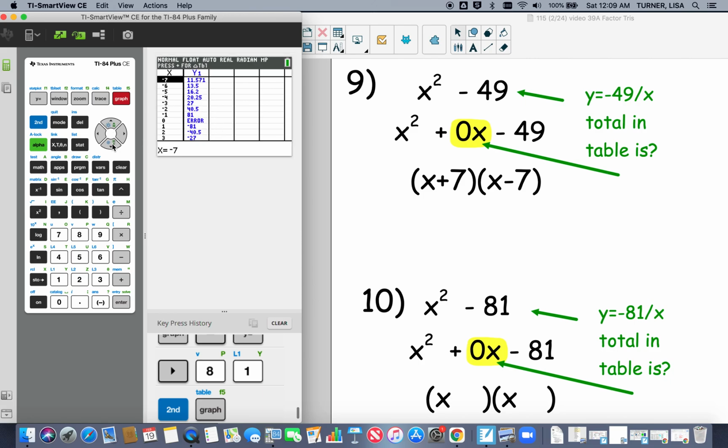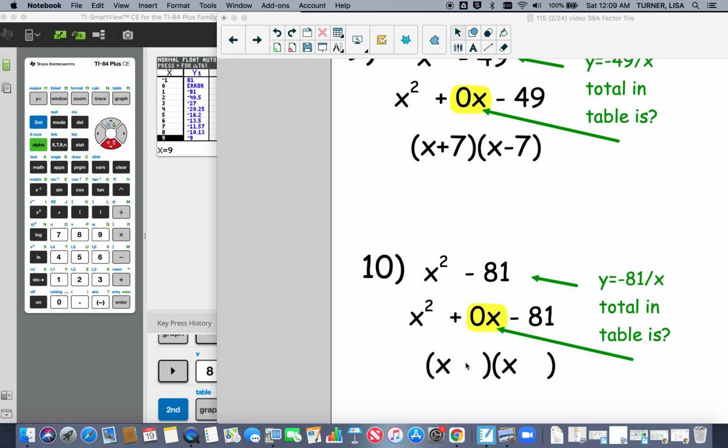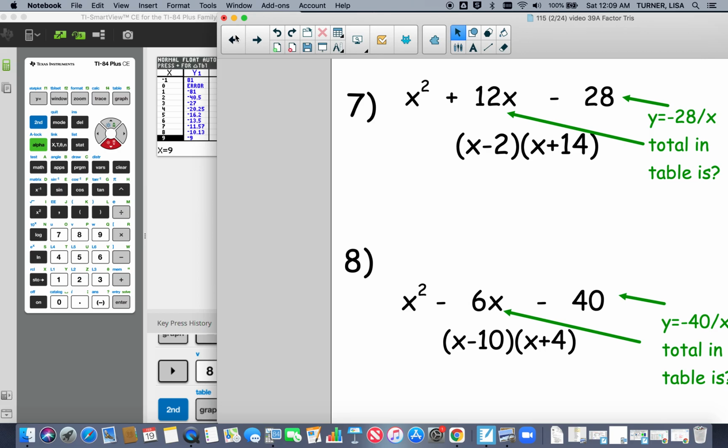I can go up or down. It doesn't matter. I'm looking for two numbers that are going to be direct opposites because they have to cancel each other out. And it is right there, 9 and -9. You're never going to have to scroll very far, people. All right, and so my last answer here is 9 and -9. And so that was our study here on trinomials.